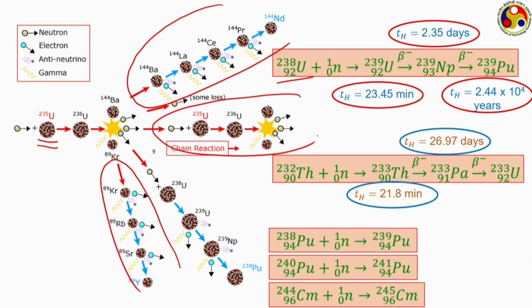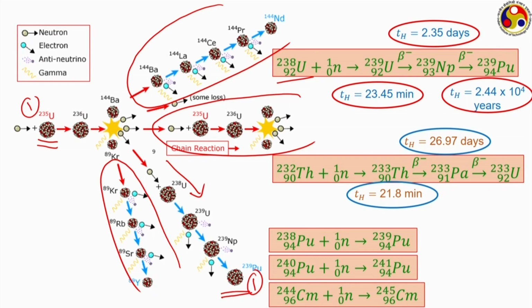Then what we are left with are the fission fragments, some neutron getting lost, and also this particular reaction line, which finally ends up with another fissile isotope. So, we have started with one fissile isotope here and we have ended up with another fissile isotope somewhere here.